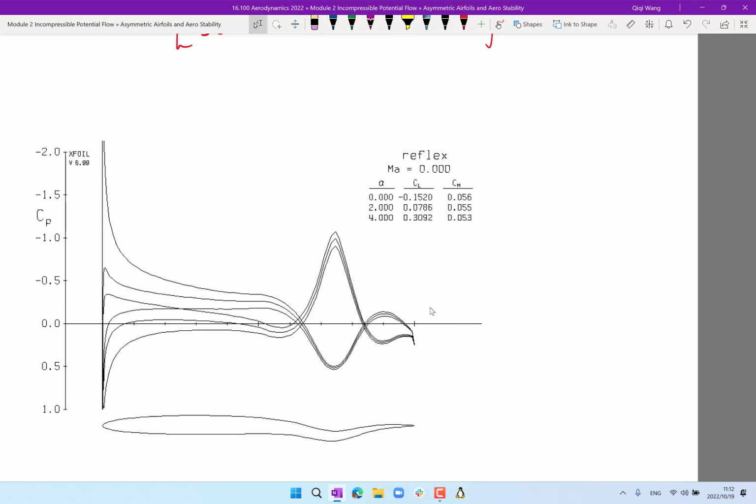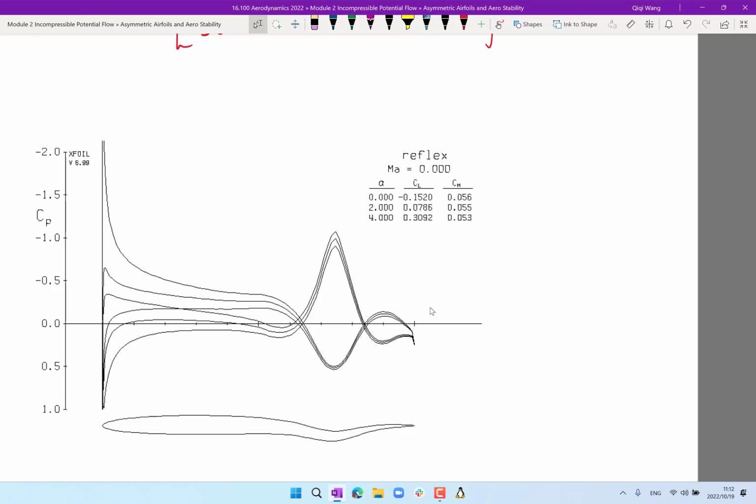Now, if you look at how the pressure distribution changes as you increase the angle of attack, of course, as you increase the angle of attack, the suction at the leading edge increases, and there is a gap of delta P_U. There is a corresponding gap over here of delta P_L.